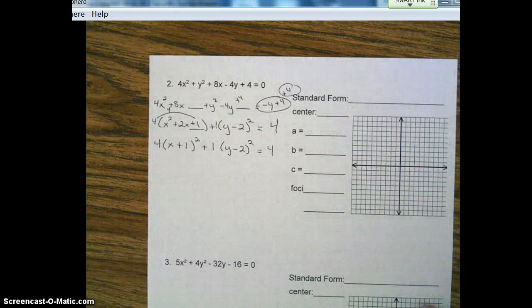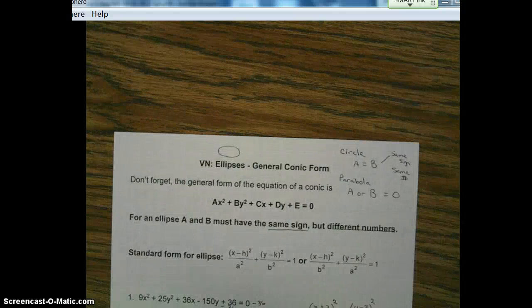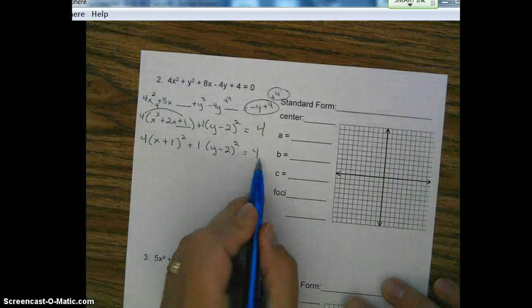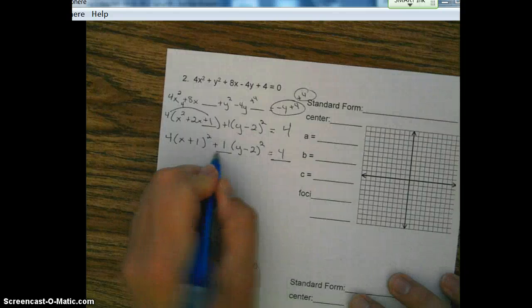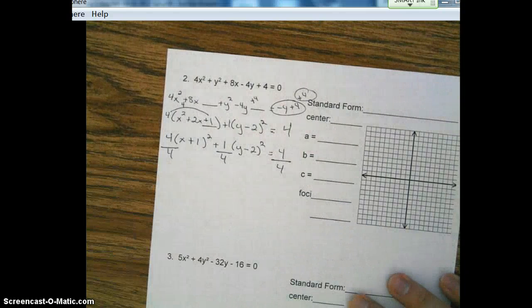Alright, so what do we do next? Are we stuck? Hint, hint. Yeah, we want to make this a 1. So we're going to divide by 4 all the way across.